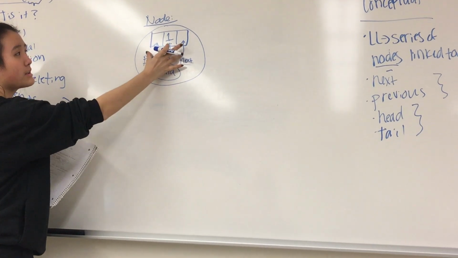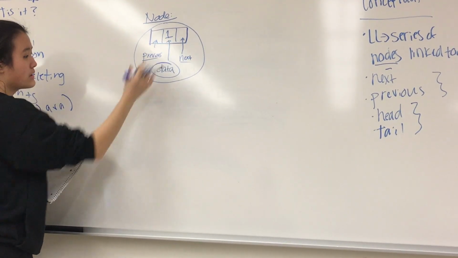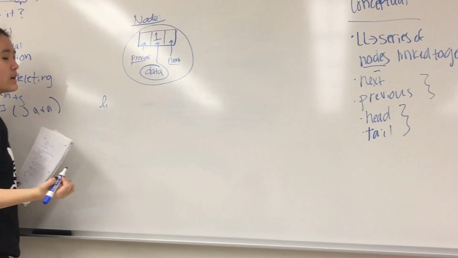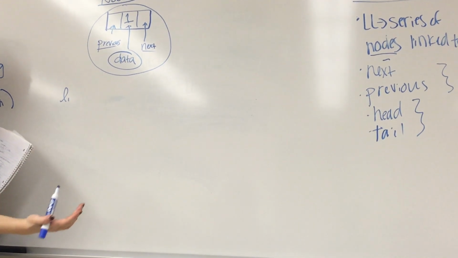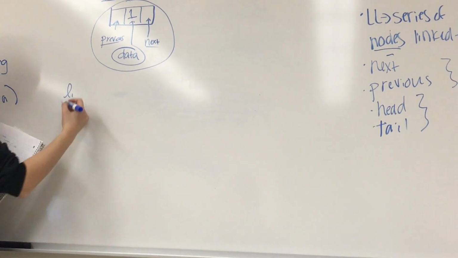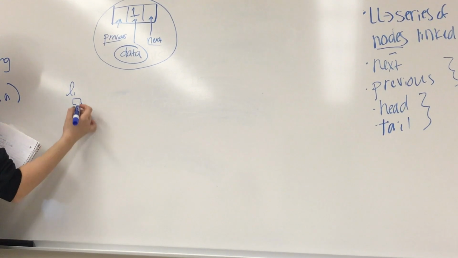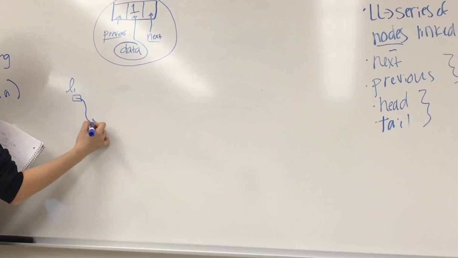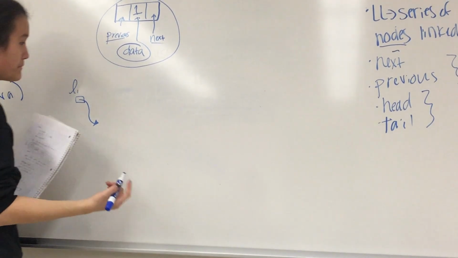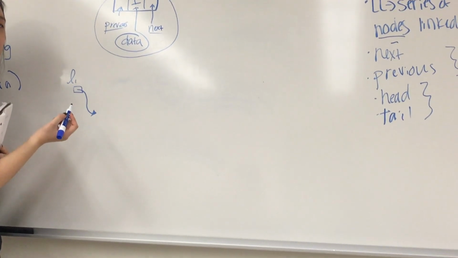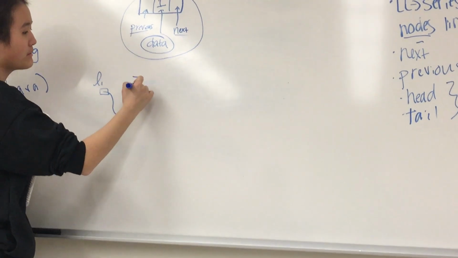Right now we've only created one node here. So let's say you have a variable called L1, and let's say in your program you actually created a linked list. So conceptually what's going to happen is you're going to be pointing at some linked list that we're going to create here. And let's say you wanted to create a linked list of type integer.